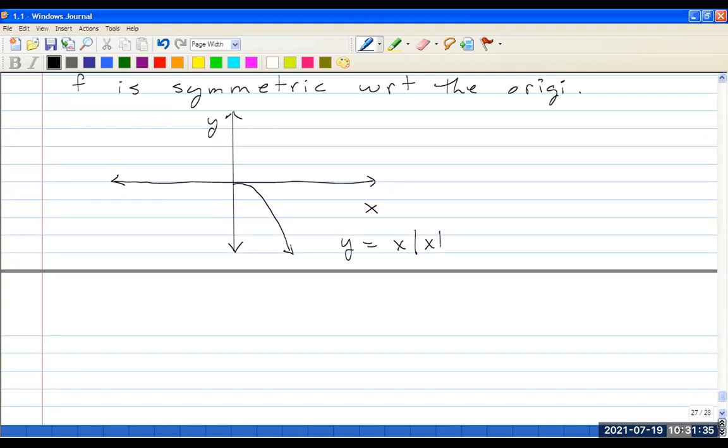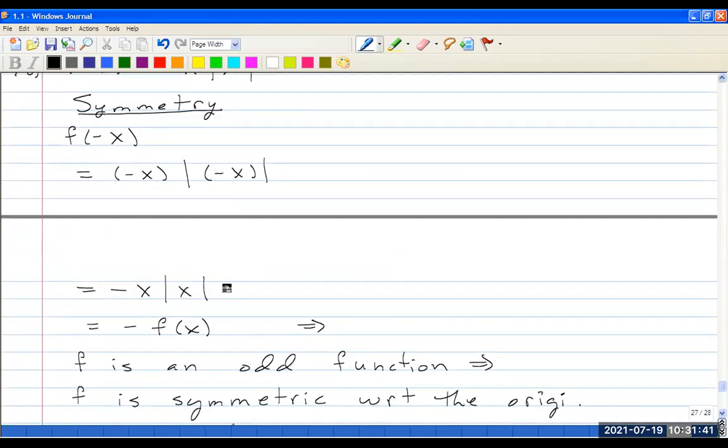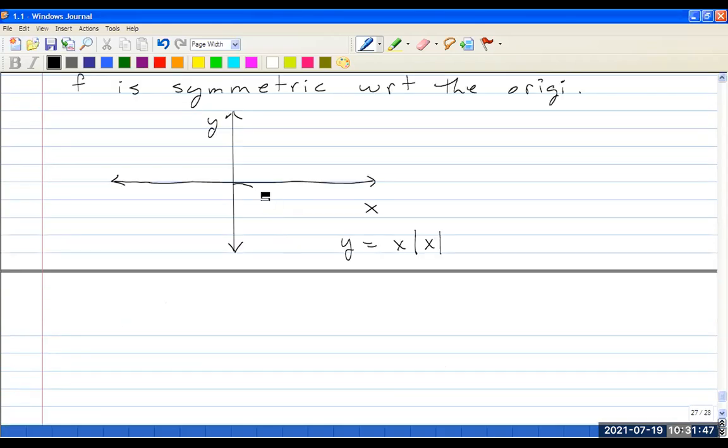Oh, wait. I was looking at this. That's not the original function. Sorry, this is the original function. Okay, so I made a mistake in my statement. And so if x is greater than 0, then this just looks like a graph of y equal x squared.